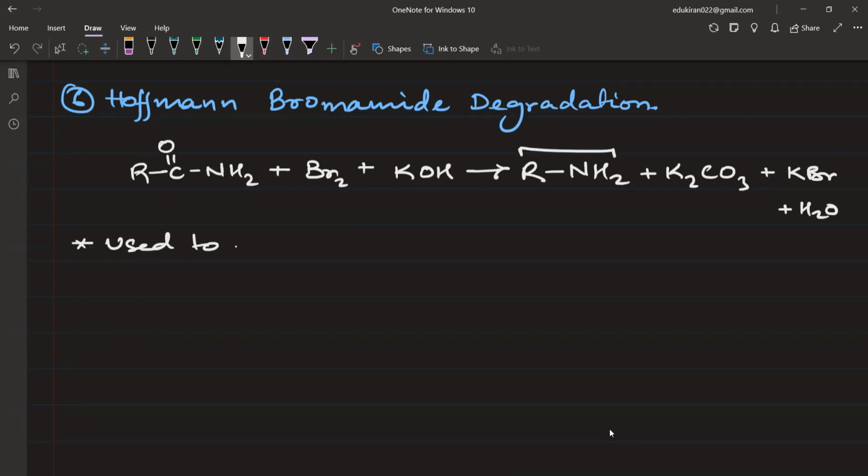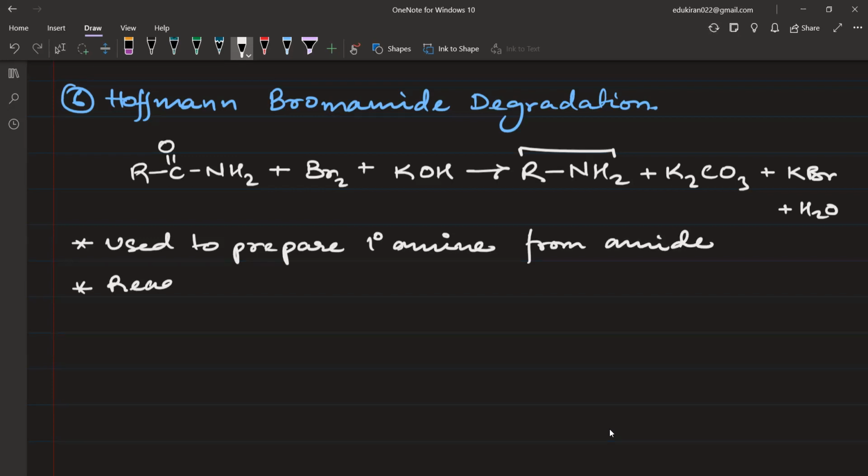Used to prepare 1 degree amine from amide. Reagent क्या है यहाँ पे? Reagent is Br2 plus KOH or NaOH.